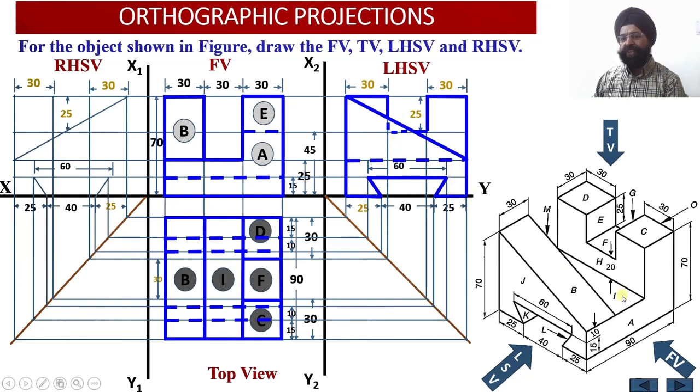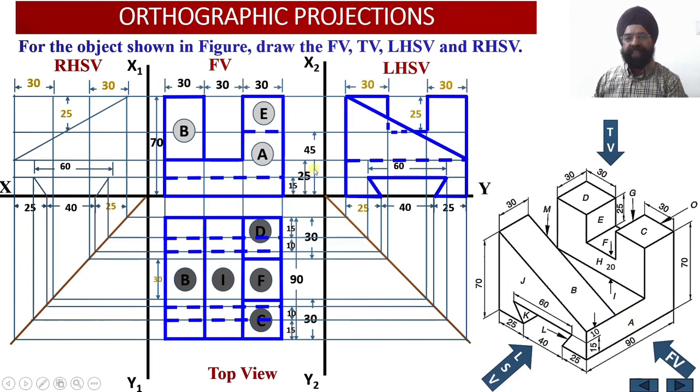And then please check, we see that this portion of the wall over here, which corresponds to the surface I, is not visible to the observer from this side. So we are going to get a dotted line at a height of 25 millimeter above the base of the solid.